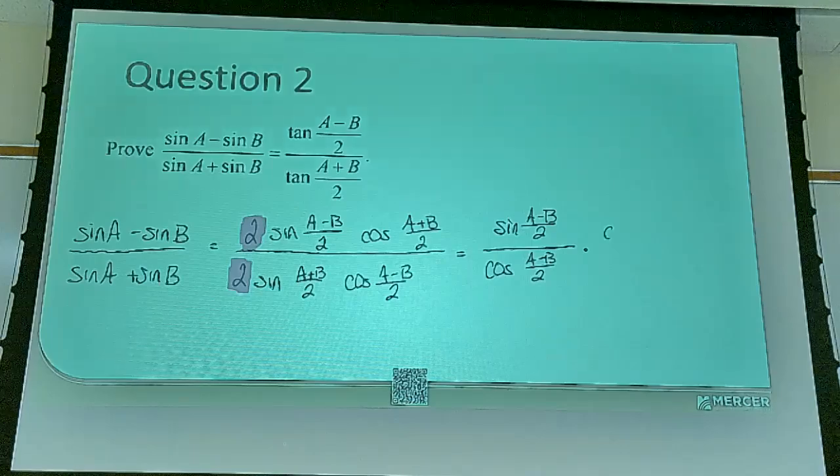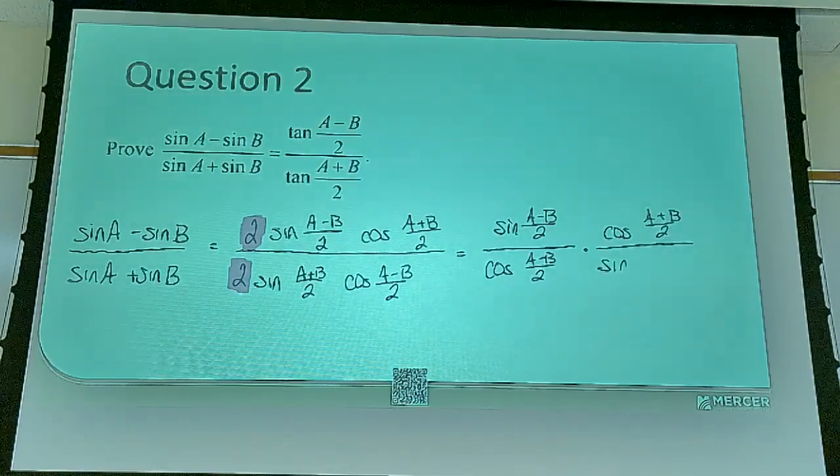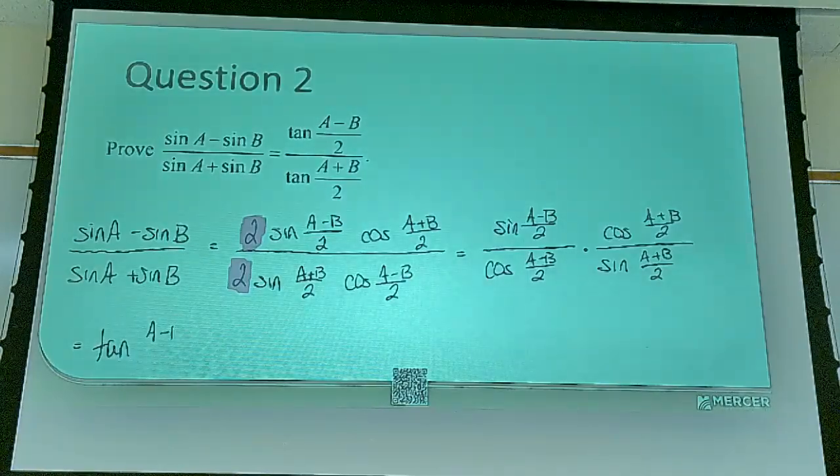We also have a cosine of A plus B over 2 in the numerator, and a sine of A plus B over 2 in the denominator. What's sine over cosine? What is cosine over sine?